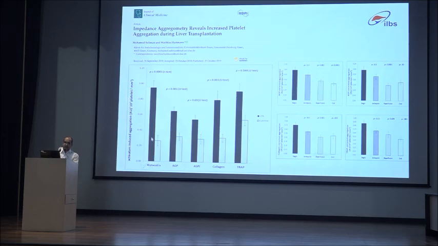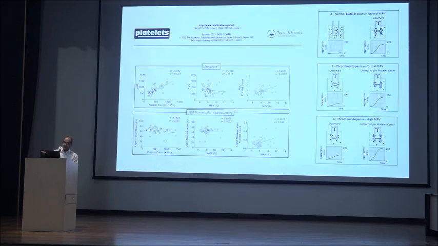You can see the aggregation is prominent in cirrhosis as compared to control, and over time this aggregation parameter normalizes in liver transplant patients, within 28 days.